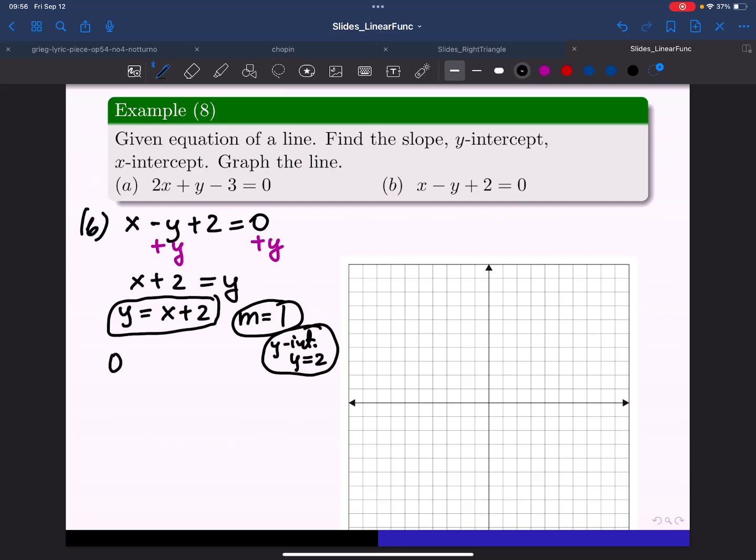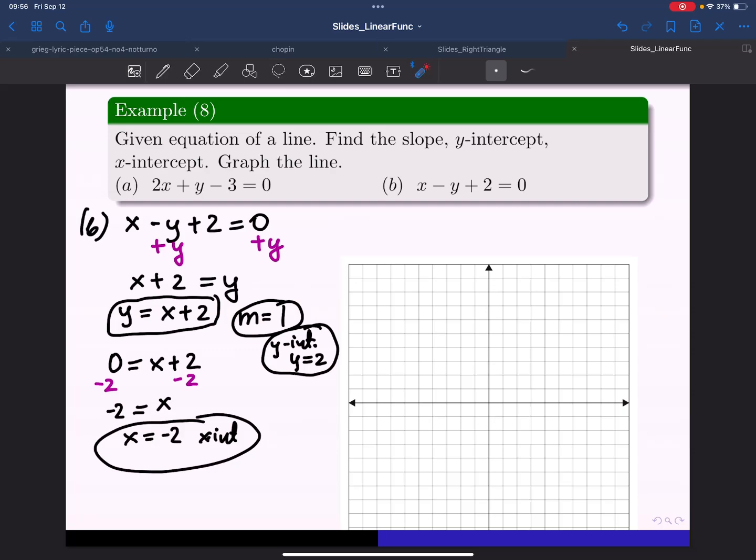So we have 0 is equal to x plus 2, and then we solve it for x. So subtract 2, subtract 2. So we have that x is equal to negative 2. This is my x-intercept.